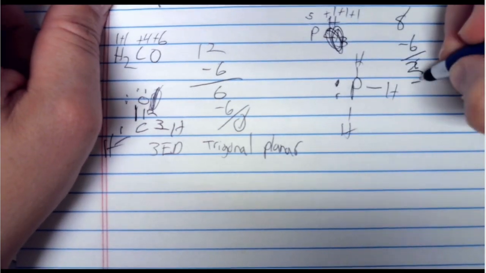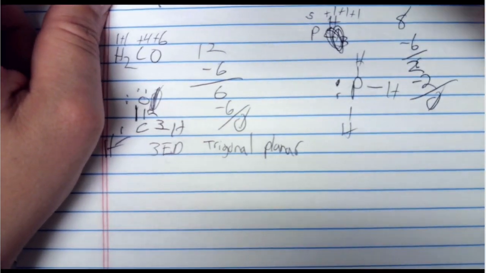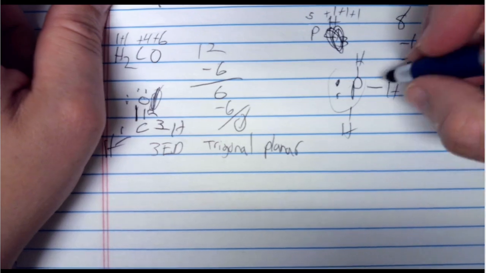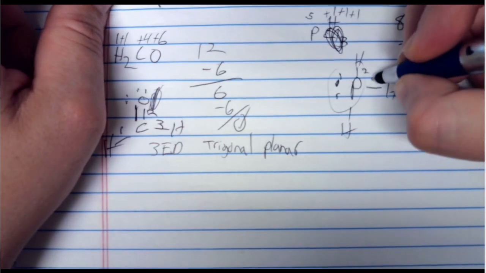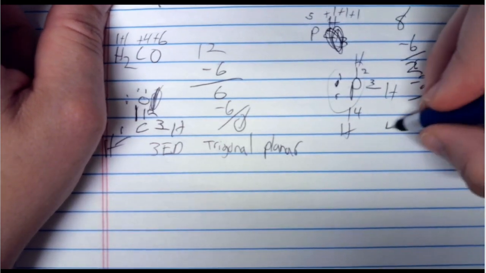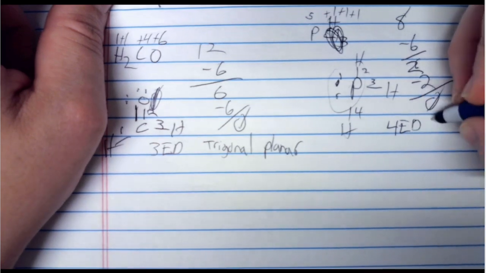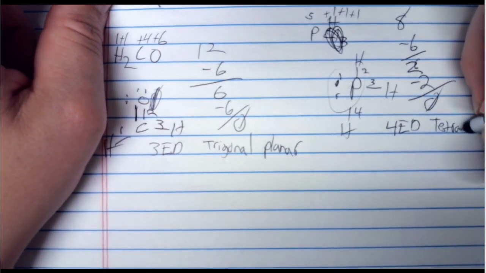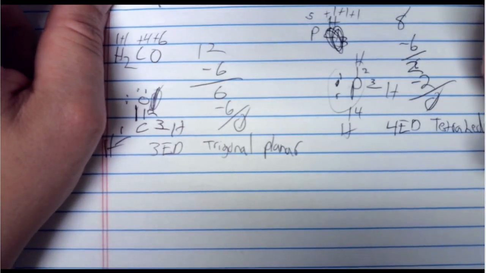Slap them on the center. So we have 1, 2, 3, 4. 4 electron domains means tetrahedral.